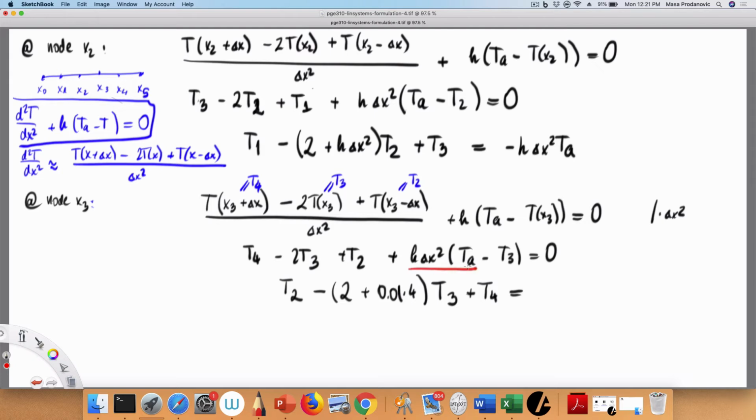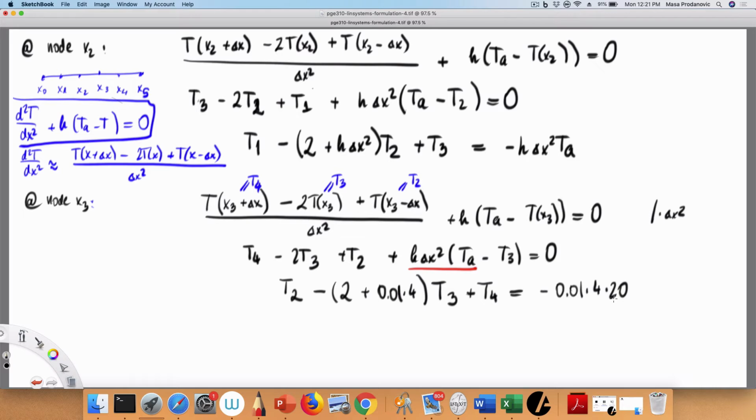Everything that I know goes on the right-hand side: h delta x squared Ta, so it's minus 0.01 times 4 times Ta, which was 20.